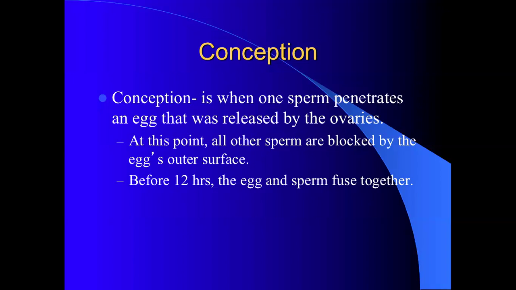Now, the question is, how do we get twins then? Right? So if only one sperm can penetrate the egg, how do we get twins? Anyone have a sense of that? Mitosis. Mitosis is a term used for DNA split. So it's not mitosis.